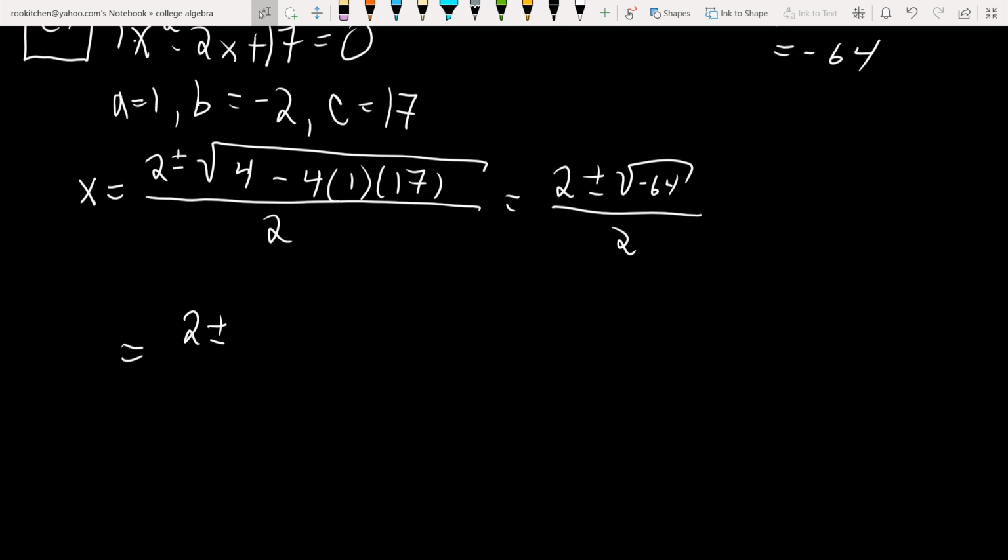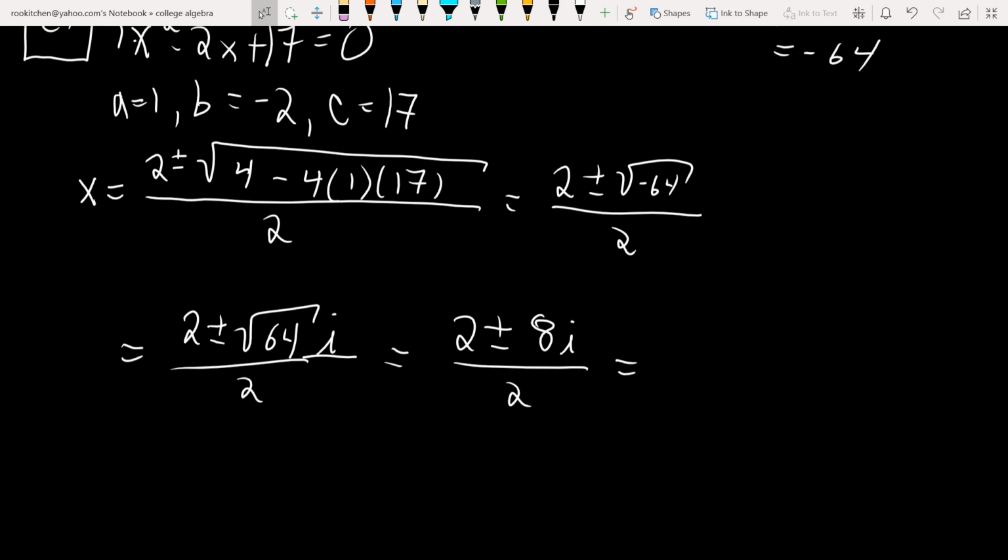So 2 plus or minus square root 64 i all over 2. Getting rid of the radical, we have 8i all over 2. And then we can butterfly it, so you get 2 over 2 plus or minus 8 over 2 i.